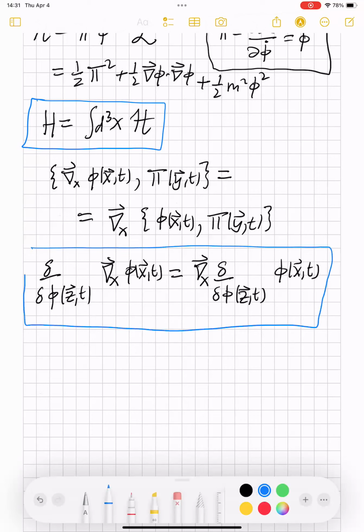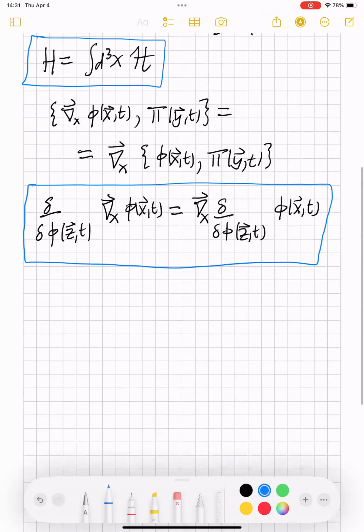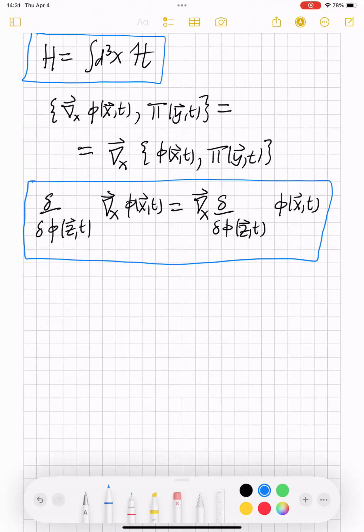Well, let's think about what these two different derivatives are doing. So nabla, this derivative, is calculating how the value of the function changes when we change x. So it's comparing the function at two different x values, okay? So it's really messing around with the x argument of the function. What is the functional derivative doing?